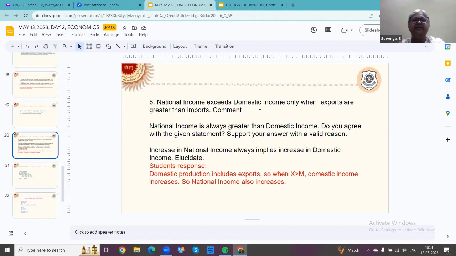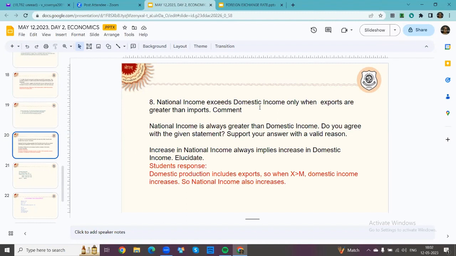And national income is the income made by the normal residents, citizens, from within the country and outside.